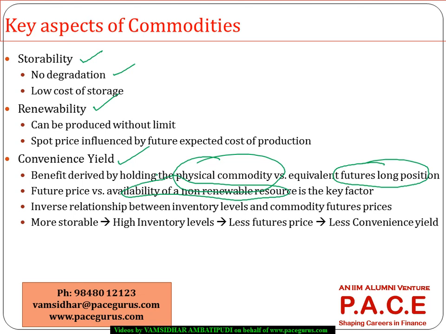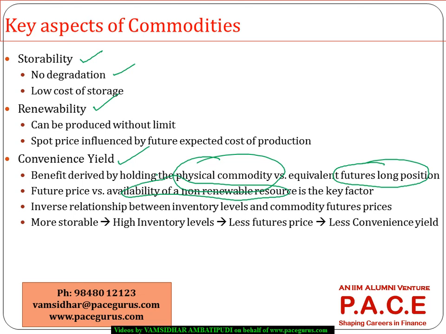If that is the case, the company still thinks holding the commodity today itself is an advantage rather than holding a futures position, because of the perceived lack of availability of that commodity at a future date. So that is what is giving rise to a convenience yield.